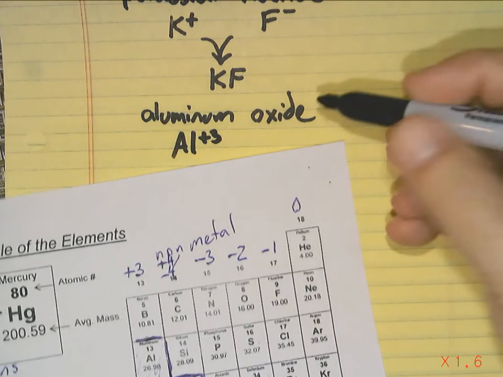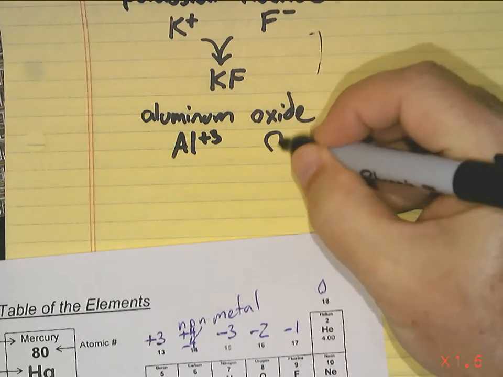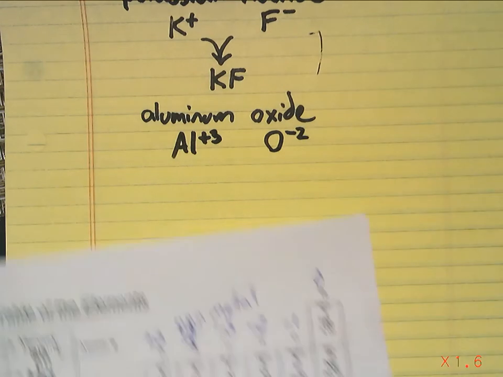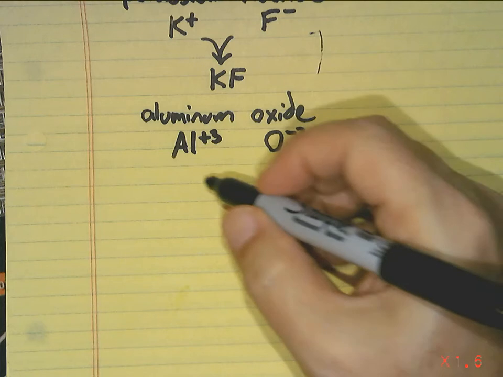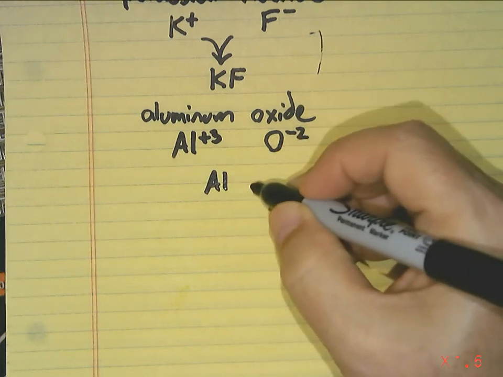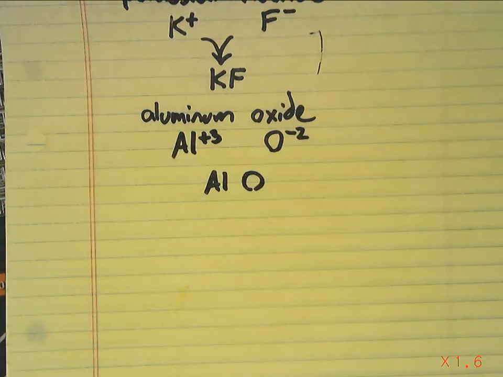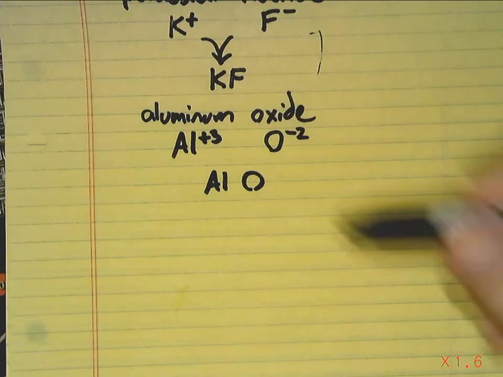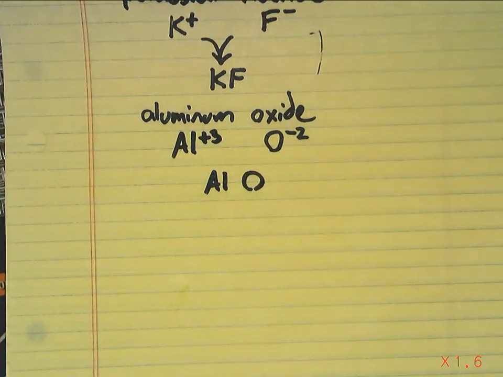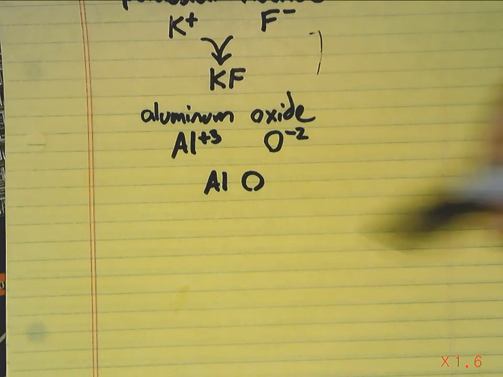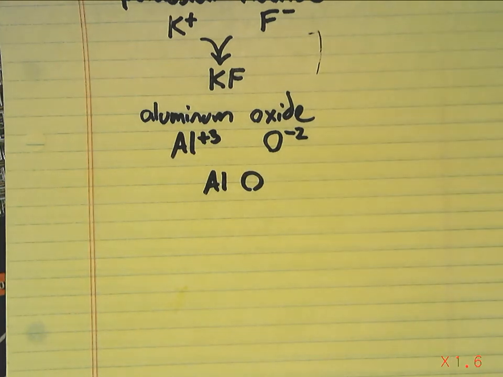It's in the -2 column, so I have O -2. Now, if I put those together and write Al O, that doesn't work, because this would be a +3 and this would be a -2, so I would have an overall +1 charge if I just had AlO.